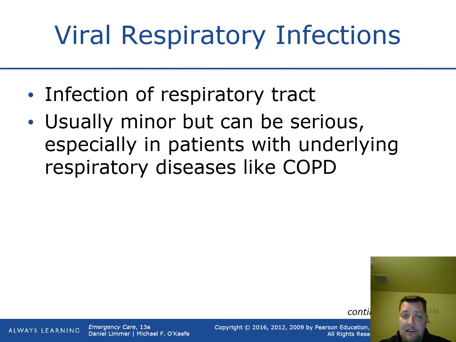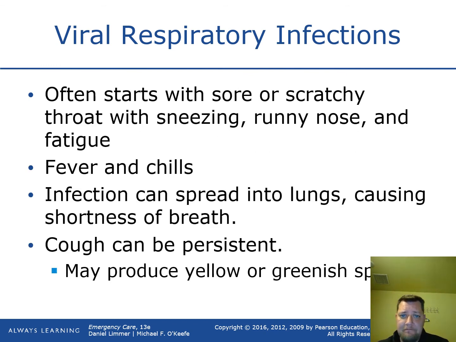Other ones, you're talking about SARS, avian bird flu, COVID-19, any of those things are viral respiratory infections. Okay, so it often starts out with a sore or scratchy throat, with sneezing, runny nose, fatigue, fever and chills, and then the infection can spread into the lungs, causing shortness of breath. The cough can be persistent, and they may produce yellow or greenish sputum.